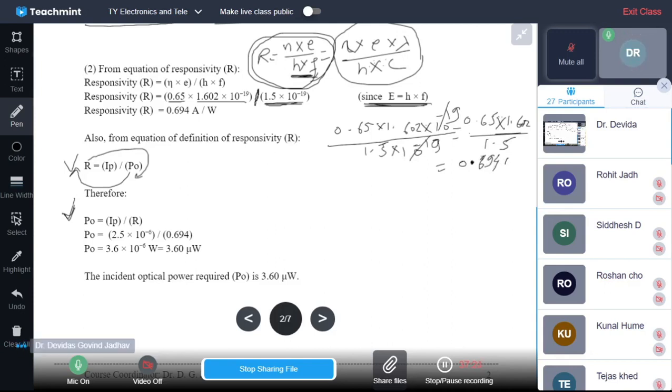And what is its unit? It is ampere per watt. Responsivity has the unit ampere per watt. So this is 0.694 ampere per watt.